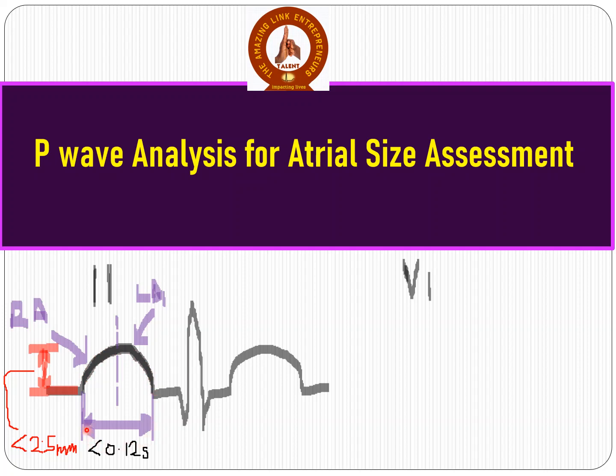The duration of the P wave should be less than 0.12 seconds, and the amplitude should be less than 2.5 millimeters. Any deviation from these characteristics will point to atrial size abnormality, which we consider in detail. So we move ahead now to see the presentation of the P wave in V1.